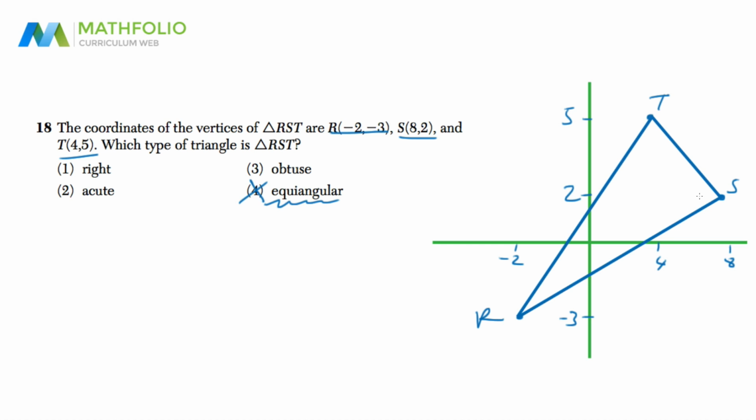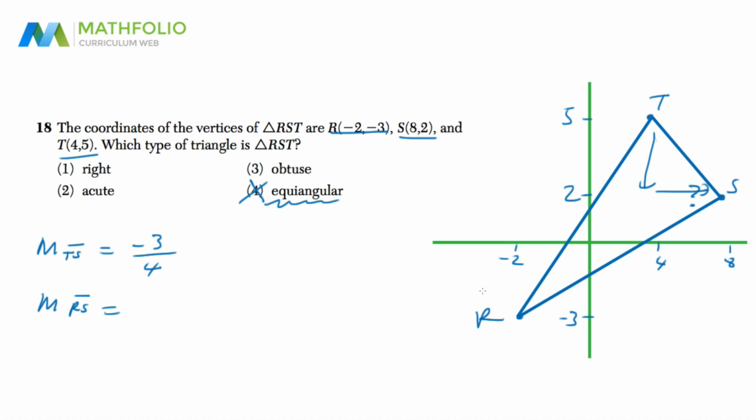To find out if this is 90 degrees, one thing we can do is find the slope of TS, and compare it with the slope of RS. If they are negative reciprocals, then they are perpendicular, and therefore it's a 90-degree angle. So let's find the slope of TS. It goes down 3 and then across 4.